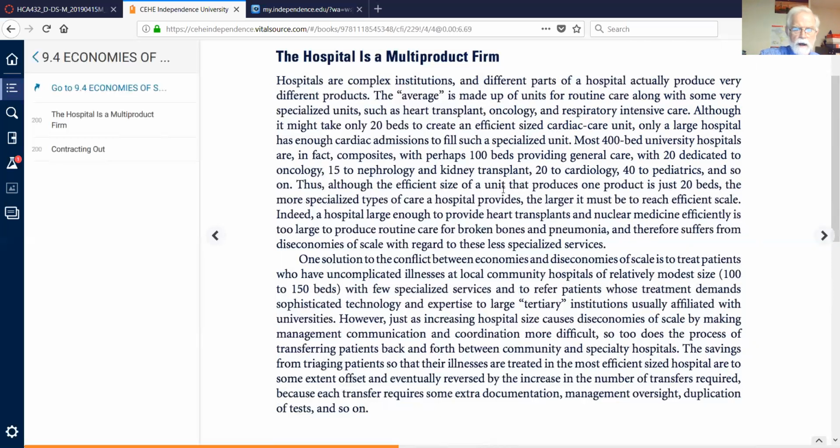They also will have a lot of different specialized types of care. What we look at is what we had when our kids were born. They were both born in Durham, North Carolina. Durham had the county hospital, which I don't know how big it was. It was probably less than 200 beds.